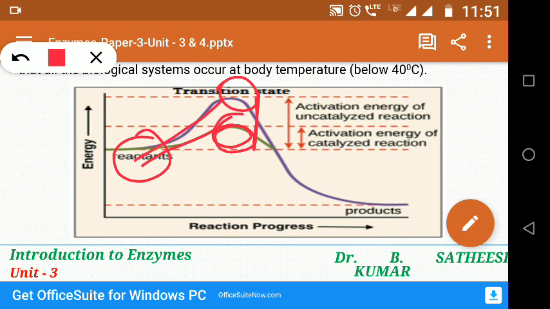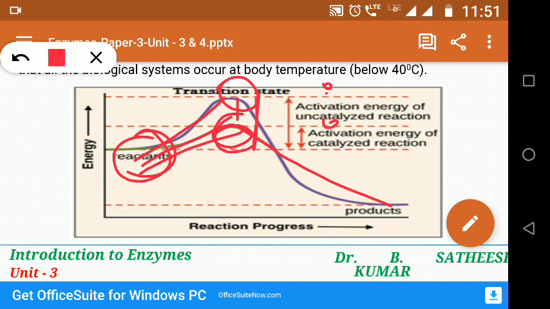So this is the activation energy to take the reactants to the transition state. The activation energy is lowered in an enzymatic reaction. This is the difference from here to here. In the presence of enzyme, the activation energy is lowered, so that the reactants easily reach the transition state, and from that they will be converted to product.